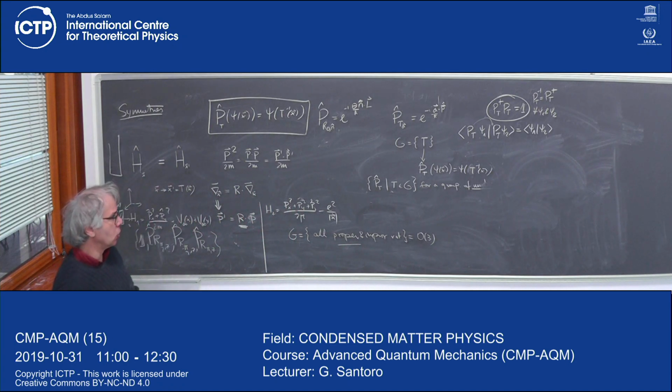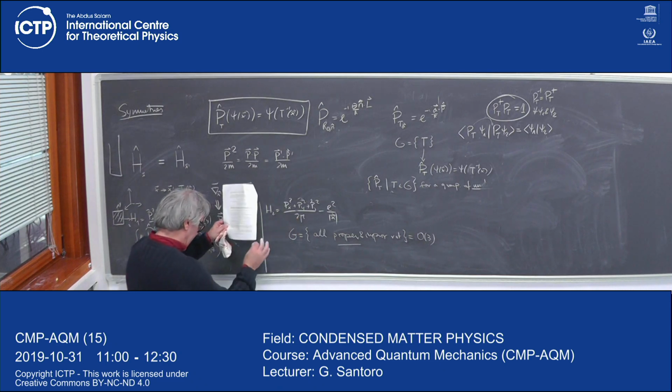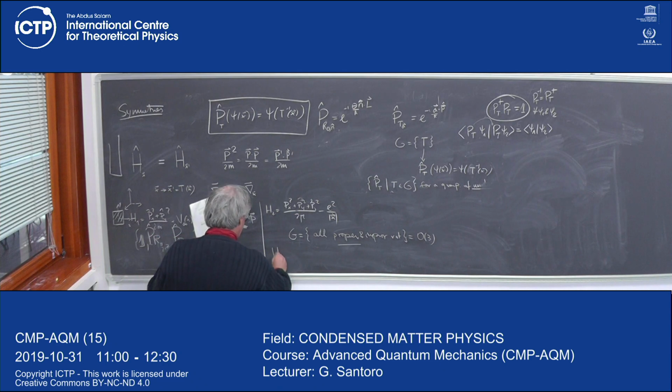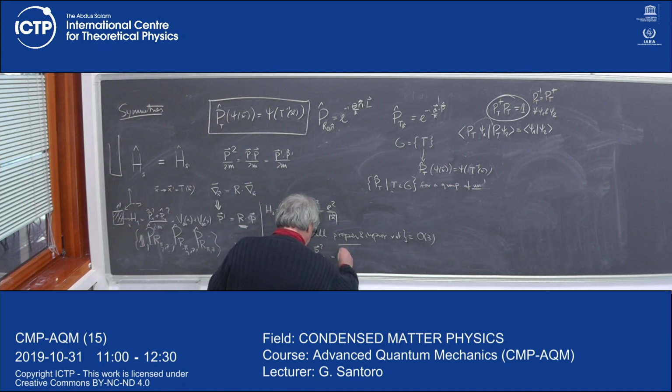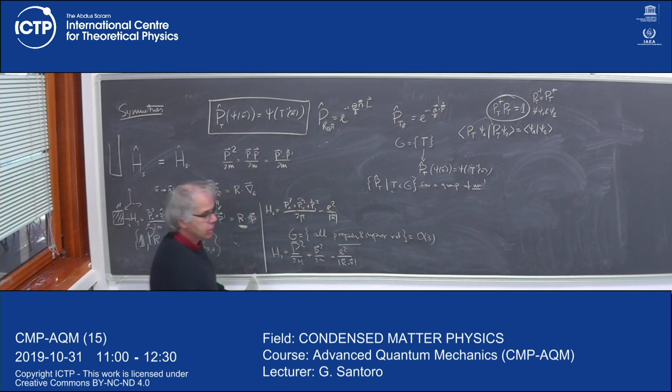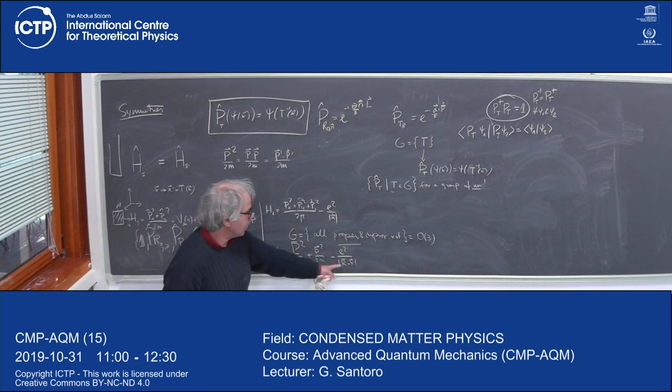Clear? Good. The final example would be the hydrogen atom before we do the transformation. So H equal to the momentum square over twice the mass, plus the momentum of the electron square divided by the mass, minus e square divided by R minus x. R is the proton, x is the electron. So it's the difference between the two. Now, I can rotate around the nucleus and nothing happens.